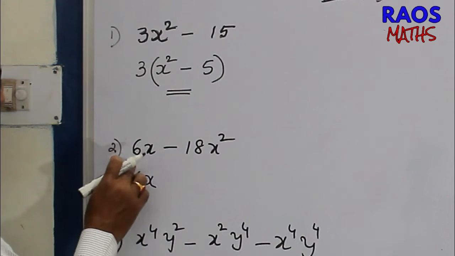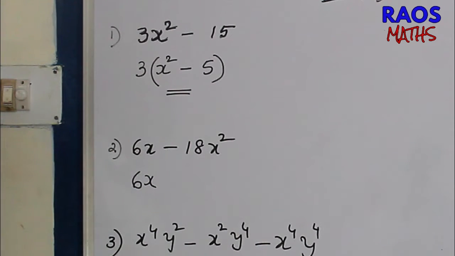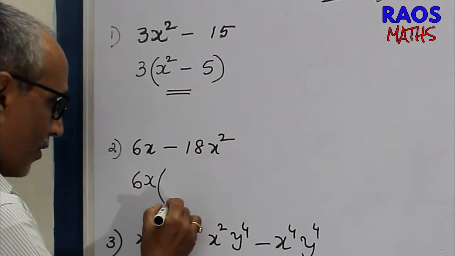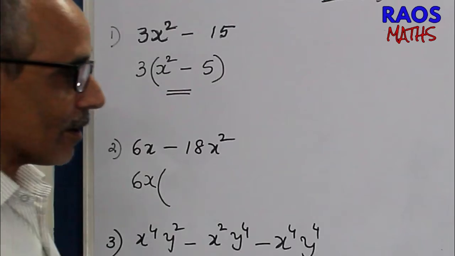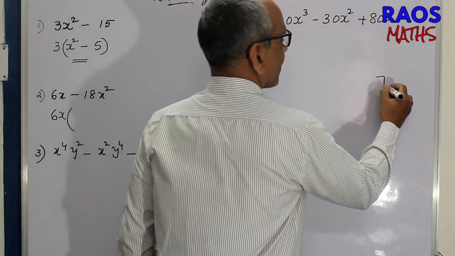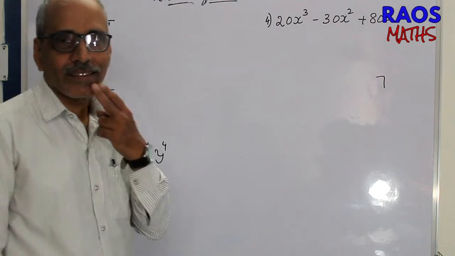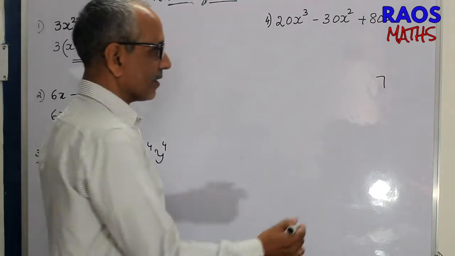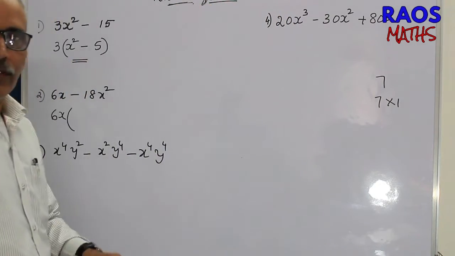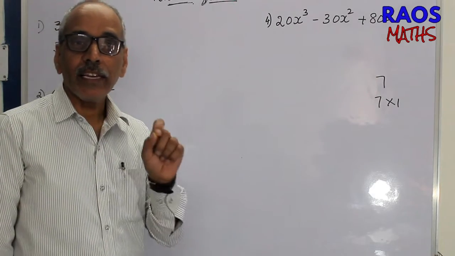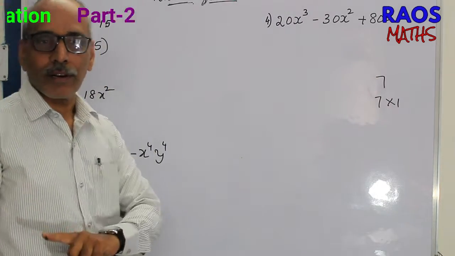I took the whole term of the binomial as a common factor. And what comes as the other factor in the first term? Recall. What are the factors of 7? Don't say there are no factors. 7 into 1. So 1 is a common factor for any numerical or variable.